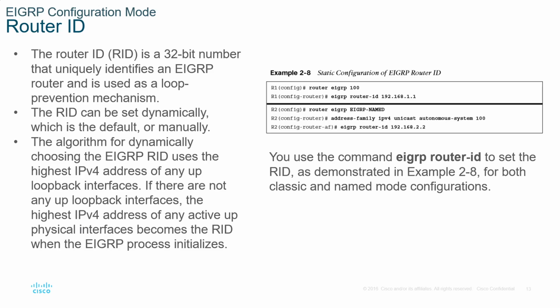Now, under our classical installations, we would not set these IDs, as it would take the highest IP address that is configured on the interfaces. So it's got the same behavior as OSPF. Looks for a loopback interface, if there's one, takes the highest active IP address from the loopbacks. If there's no loopbacks, takes the highest IP address from any active physical interface.